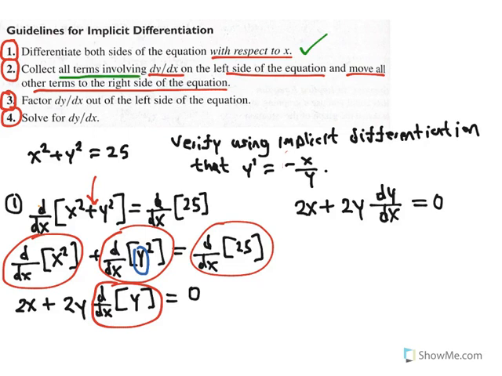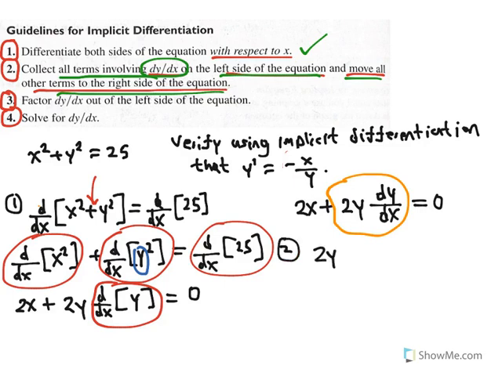Step 2, collect all terms involving dy dx on the left side of the equation, or you can say on one side of the equation, and move all other terms to the other side of the equation. So I have this term, which has dy dx. So I will subtract 2x from both sides of the equation.